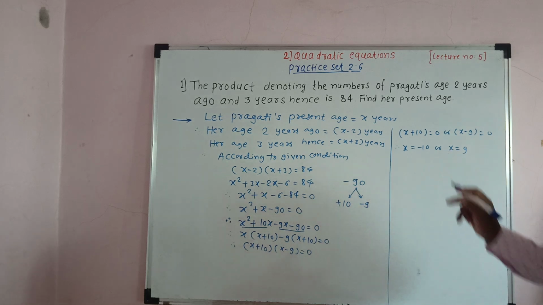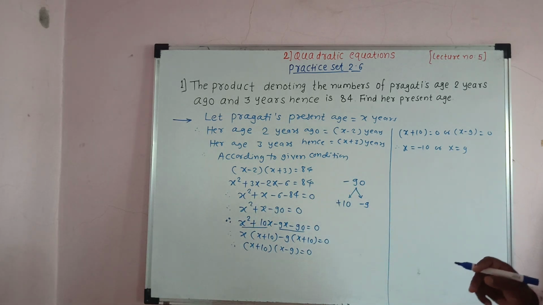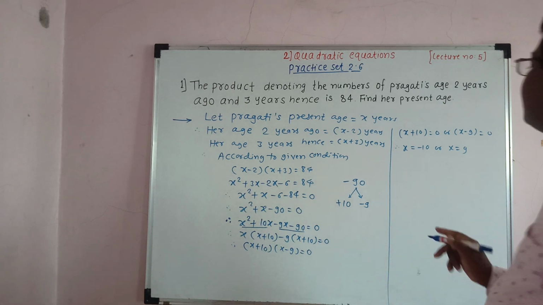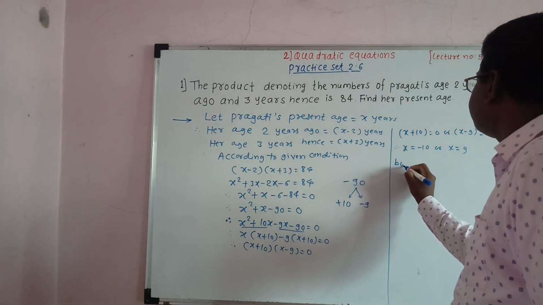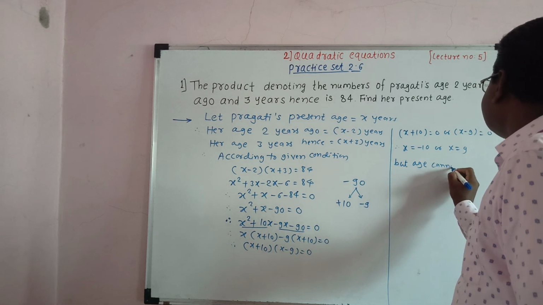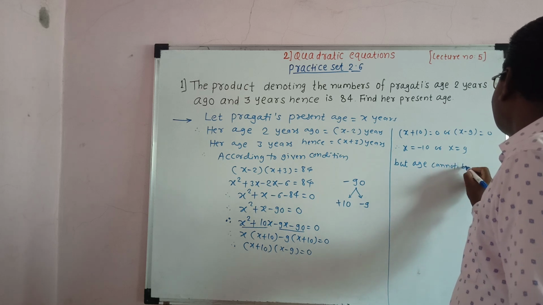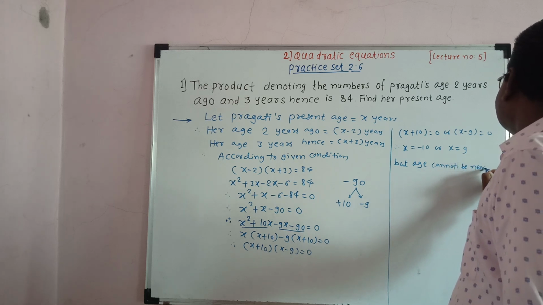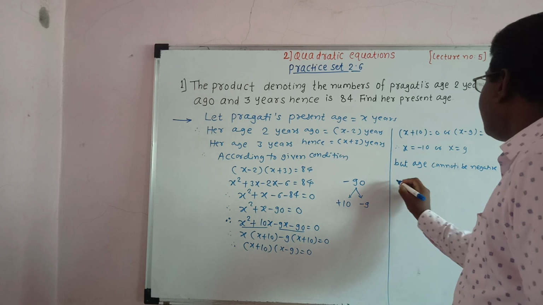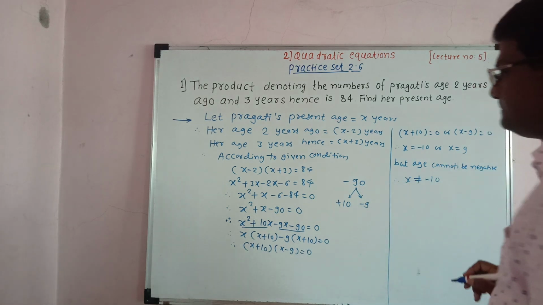But the value x is equal to minus 10 cannot be possible because age cannot be negative. Therefore x is not equal to minus 10.